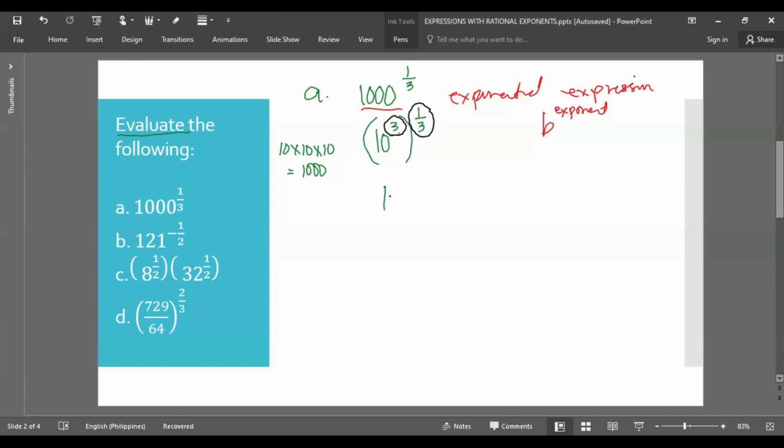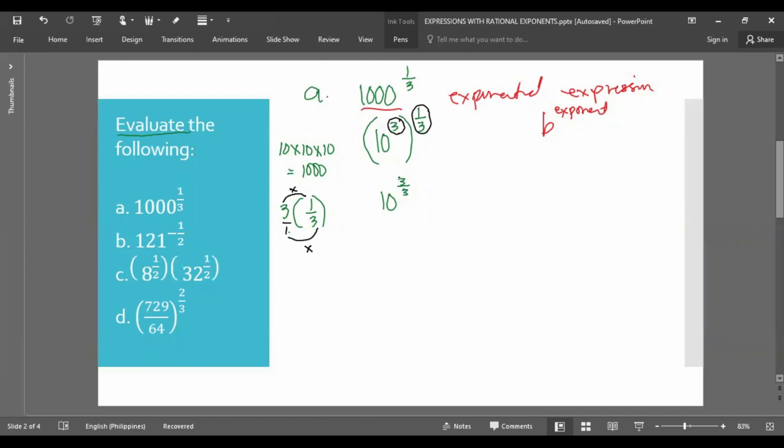So we copy 10, then multiply 3 by 1/3. We all know that the denominator of 3 is 1. Numerator times numerator and denominator times denominator. So 3 times 1 we get 3, over 1 times 3 is also 3.